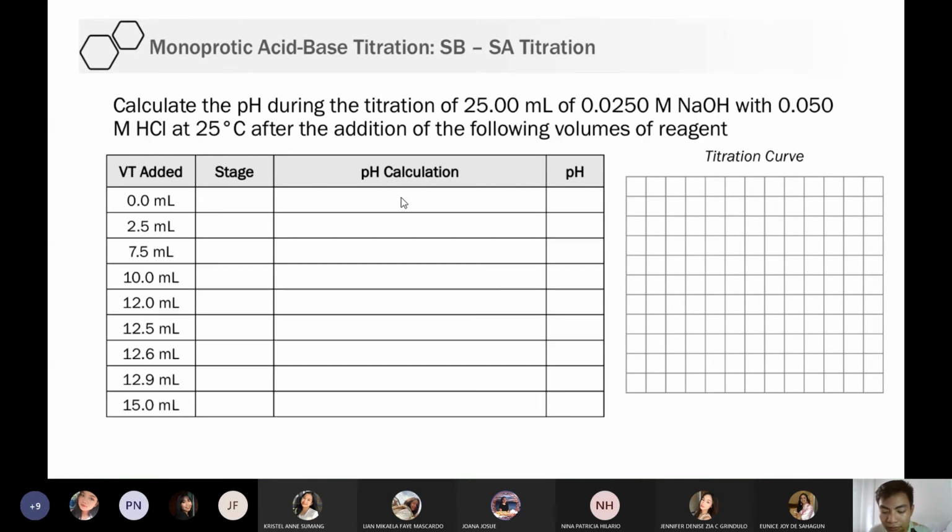So for your home activity, no? Sagutan din naman natin ito sa next meeting, no? So this is the question. I want you to identify the stages, solve for the pH, and then graph. Try natin mag-graph kayo. Try lang. Okay. Kasi alam ko may biostatistics kayo, 'di ba? May graph doon.